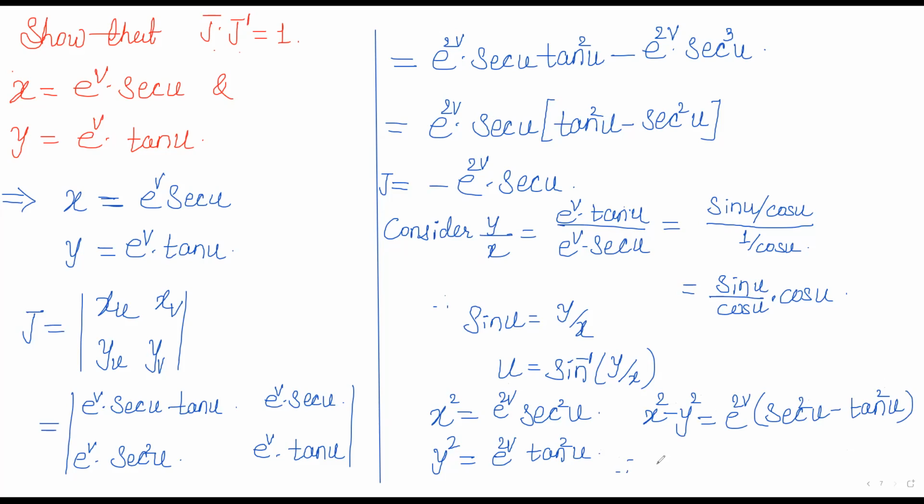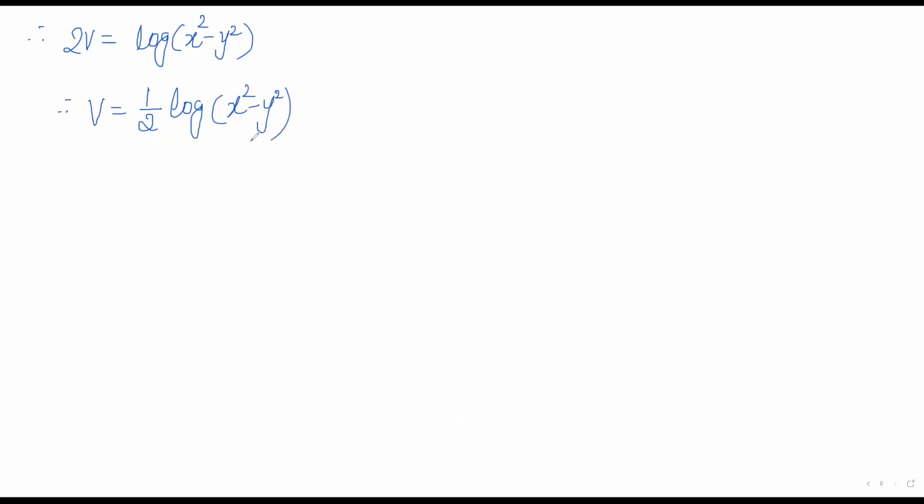Therefore, e raised to 2v is equal to x square minus y square. Therefore, 2v is equal to log of x square minus y square, and v is equal to 1 by 2 into log of x square minus y square. Now find out the j dash.